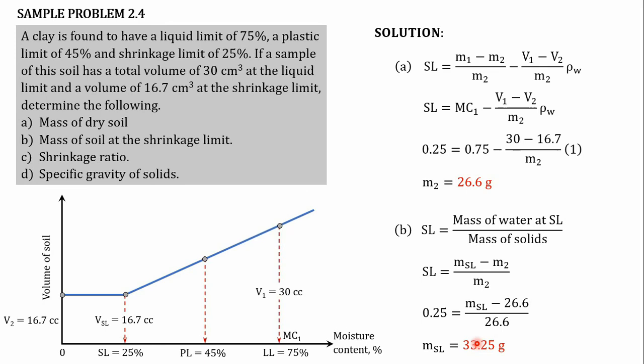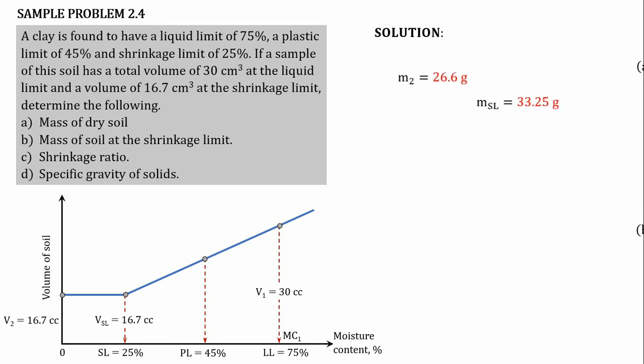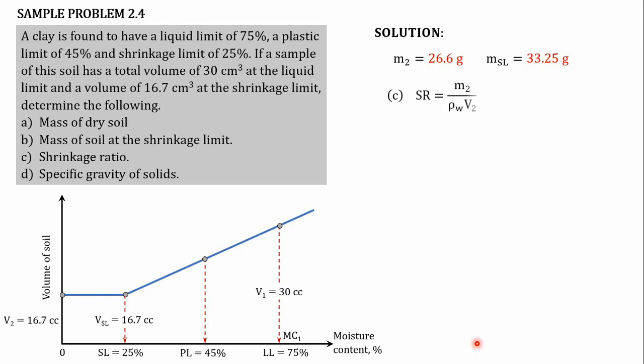The shrinkage ratio. Okay, so, i-arrange ko lang, class. Okay, C tayo. So shrinkage ratio, may formula tayo, no? Shrinkage ratio is equal to M2 divided by the rho of water times volume 2.